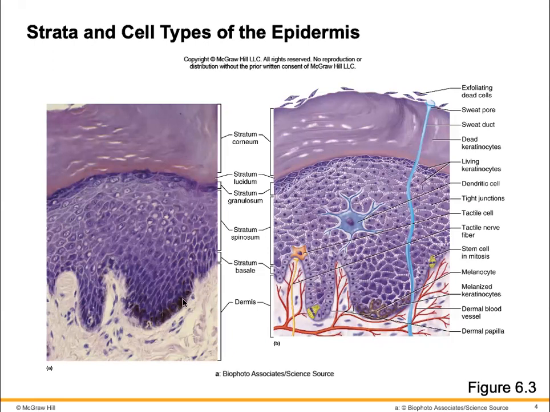That brown color you're seeing is eumelanin or true melanin. What's really fascinating is that every single person has approximately the same number of melanocytes, but our skin color is dictated by the amount of melanin our skin produces.